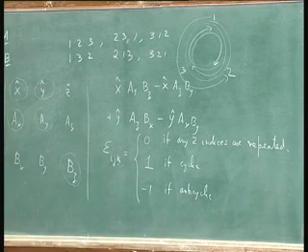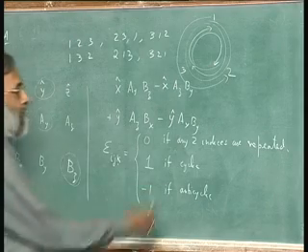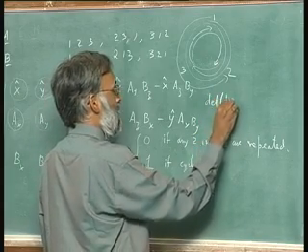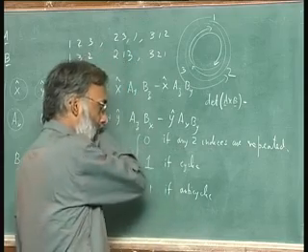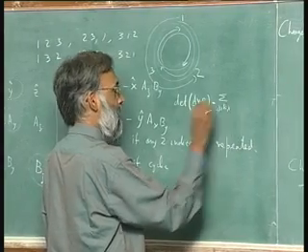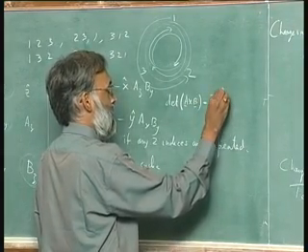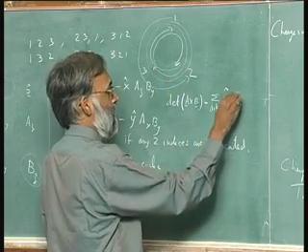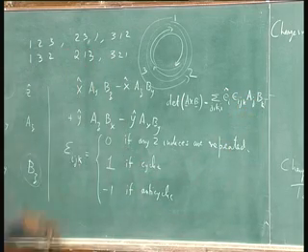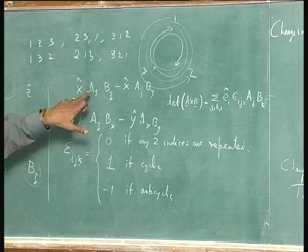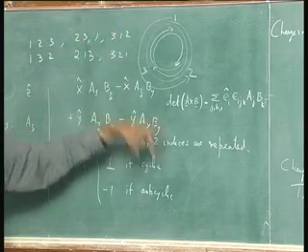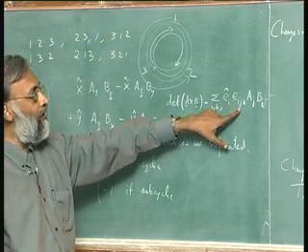Now, if you had this epsilon ijk, then clearly A cross B is nothing but the sum over i, j, k of E sub i unit vector times epsilon ijk A j B k, because if you look at it, you are using E sub i, A sub j, B sub k, and depending on whether you go clockwise or counterclockwise, you put a plus sign or a minus sign, and that is taken care of by the epsilon ijk.